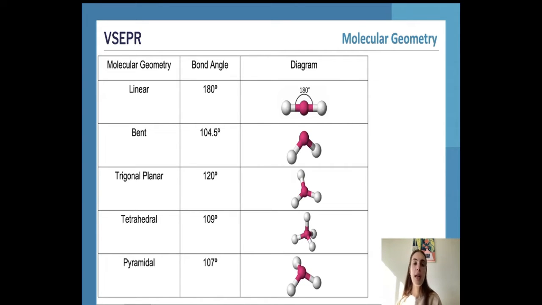Our next one is bent, and so the bent molecular geometry is looking at a 104.5 degrees bond angle. And so a 104.5 degrees bond angle is typically going to suggest that we have 2 lone pairs present. So that means 4 unpaired electrons.